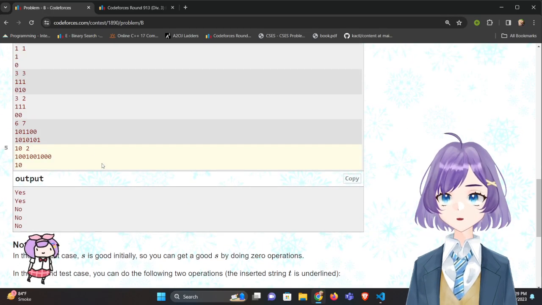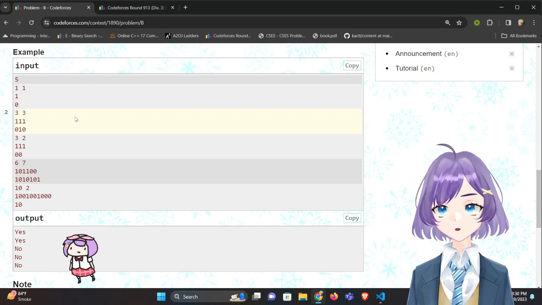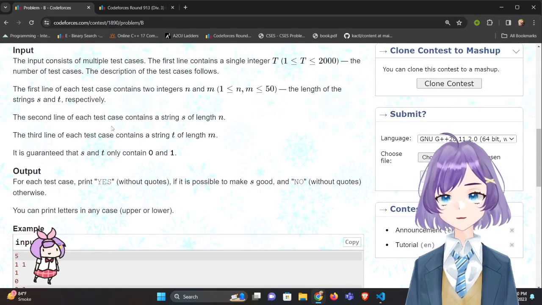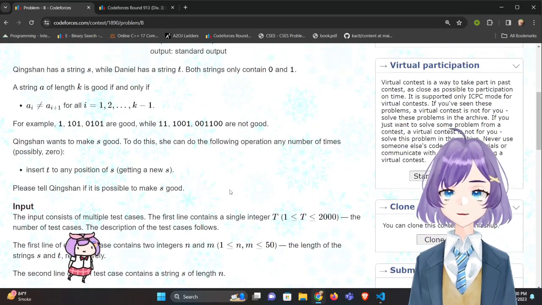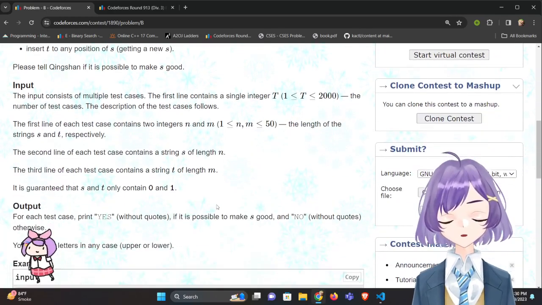The second test case: 111010. This is string s, this is string t. I want to make string s a good string.